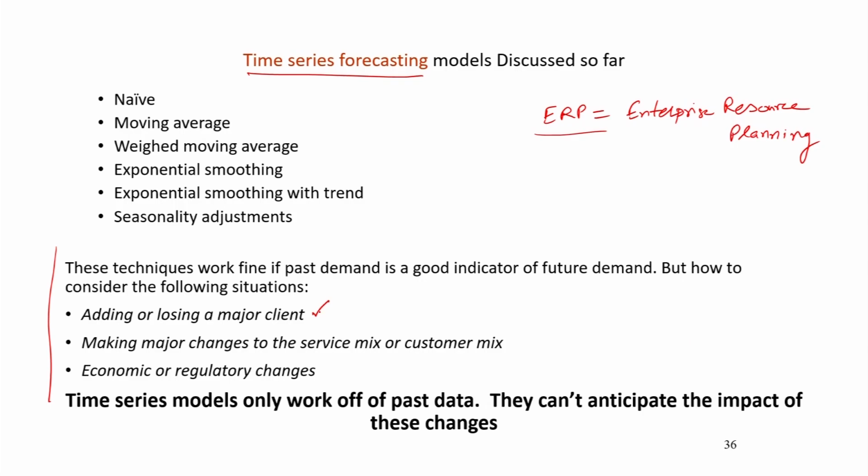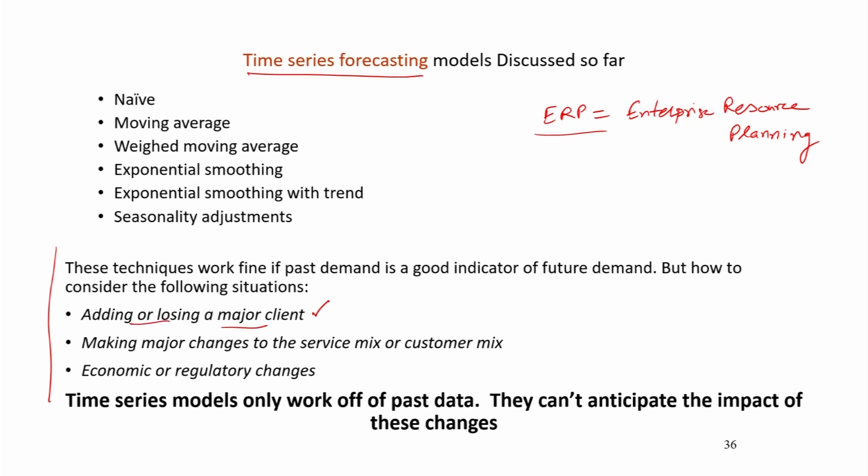But if there is some subjective event, some event which is not in the scope of the time series, then as a decision maker, as a forecaster, I can moderate my forecast coming through the time series forecasting. I can moderate it for the factors which are external to the time series.